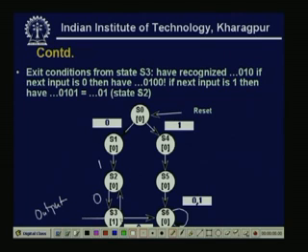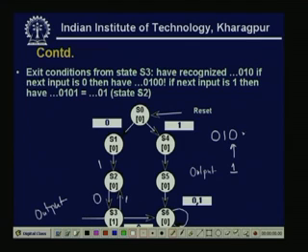Now, if another 0 has come, say 0 1 0 and then 1 0, first we take 1, say 1 0 1 0 has come, then the output will be 1.